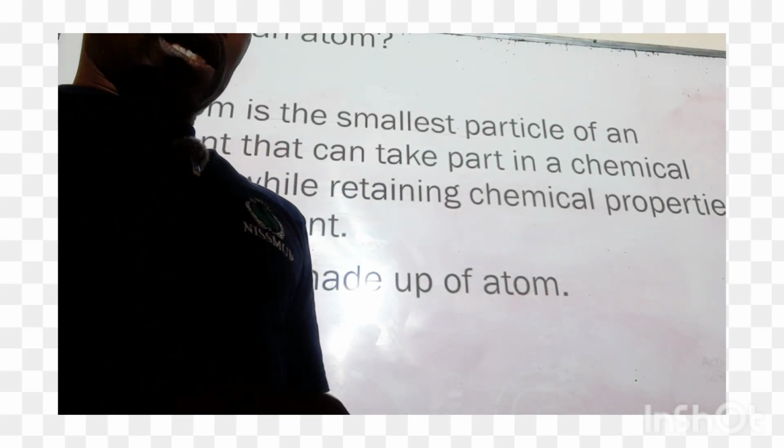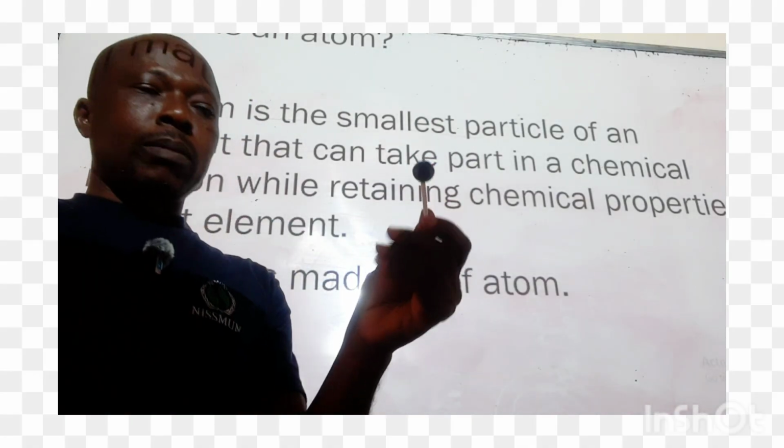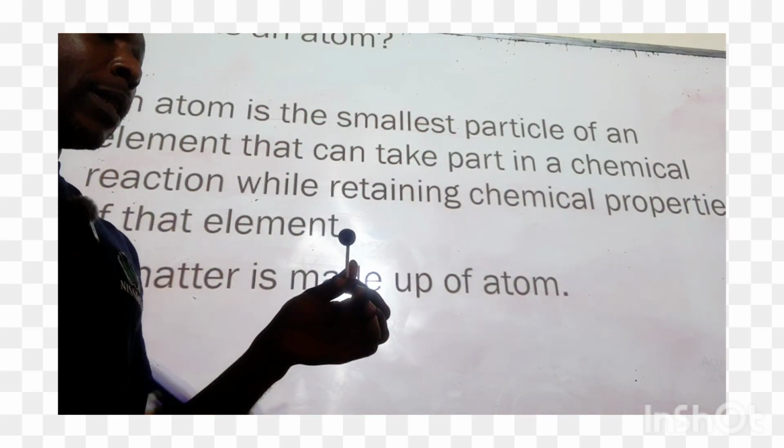Now, in chemistry, we have what we call the atomic model, which is the model we use to identify or describe the atom. Now, this is a typical atomic model. Let's see whether we can identify from this the type of atom present. I have the openings here, 1, 2, 3. 3 openings.